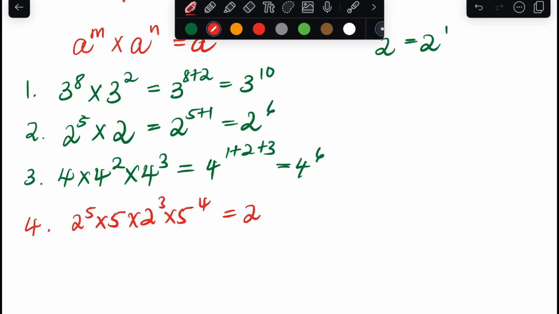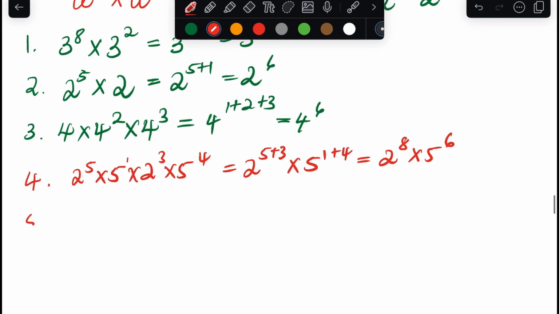It's going to be 2, and then you add the powers: 5 plus 3. Then the base of 5, and the power there is 1, plus 4. It's going to be 2 to the power 8 times 5 to the power 6. You leave it like that. I hope that makes sense.